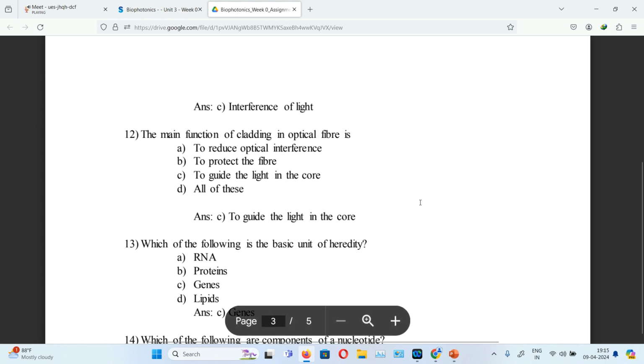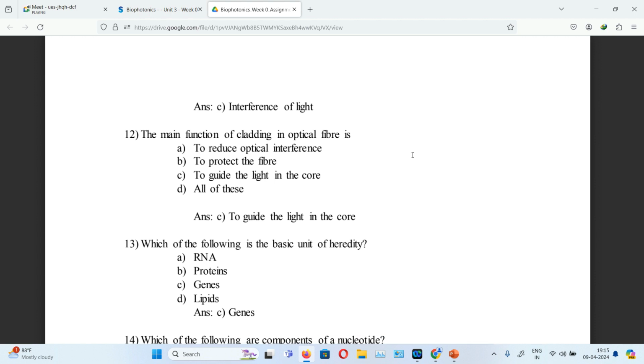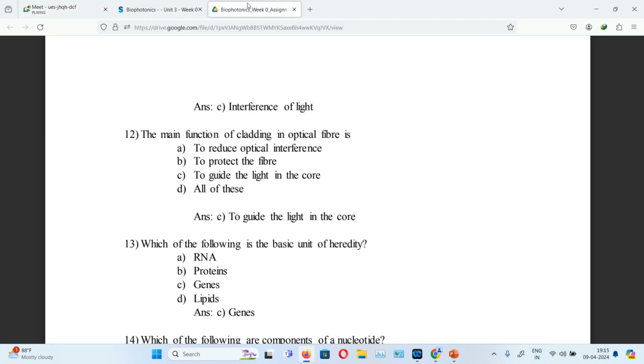So the answer is to guide the light in the core. It will cover the core as a rarer medium, and it will ensure the total internal reflection and the path of the light through the core.